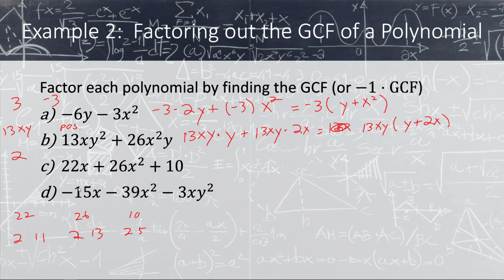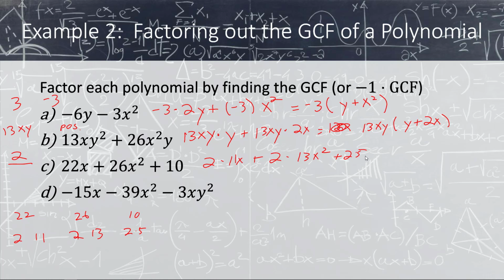Now, since the leading coefficient is positive, or more likely not negative, we just need to work with our 2. So we are going to have 2 times 11x to produce 22x, plus 2 times 13x squared to get our 26x squared, plus 2 times 5 to get our 10.